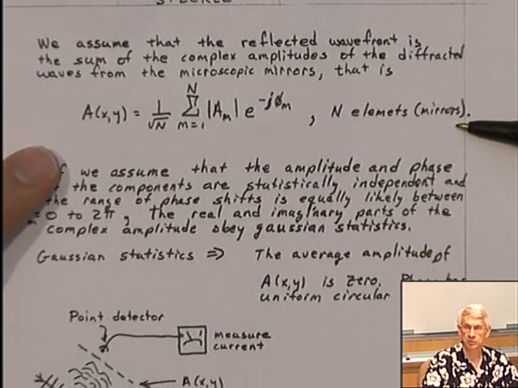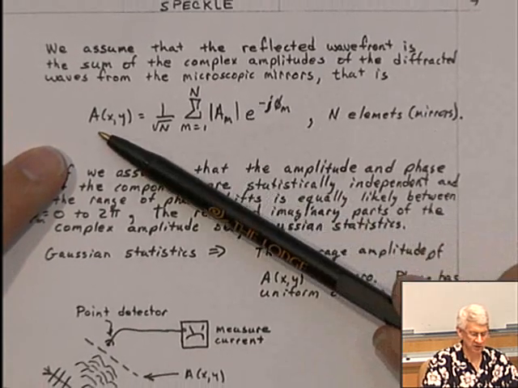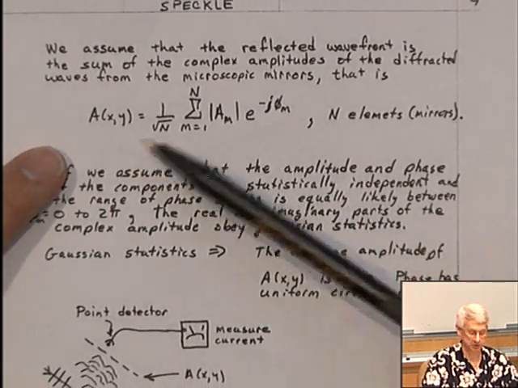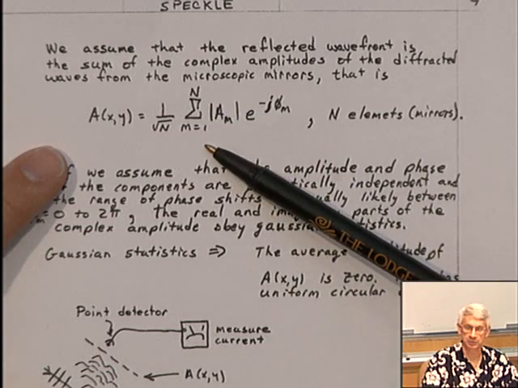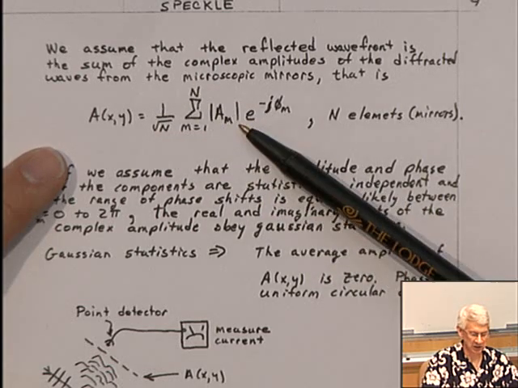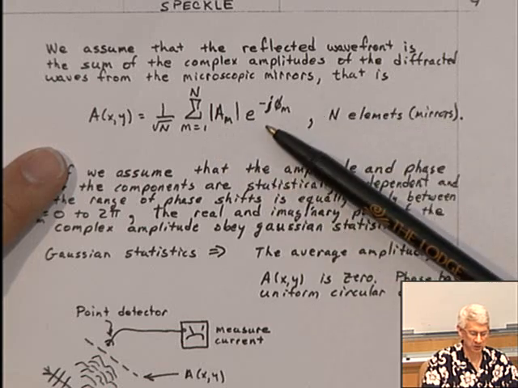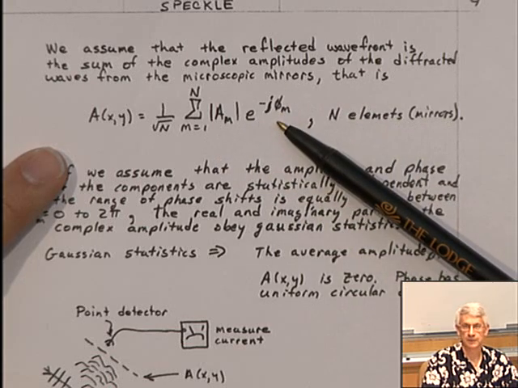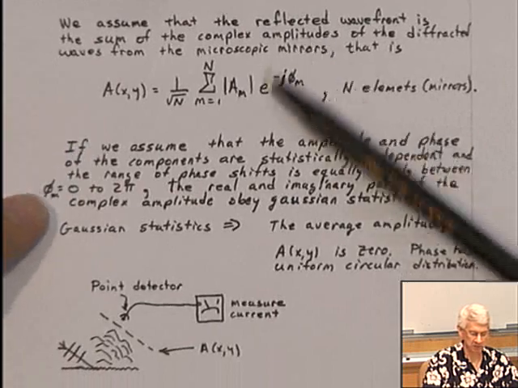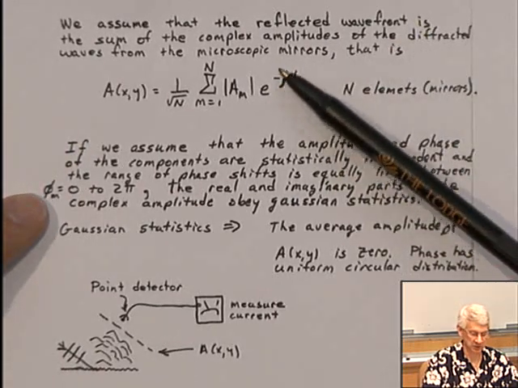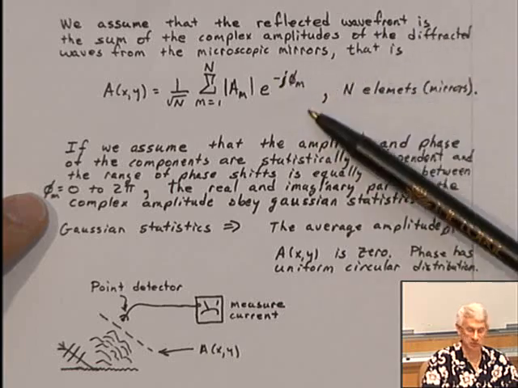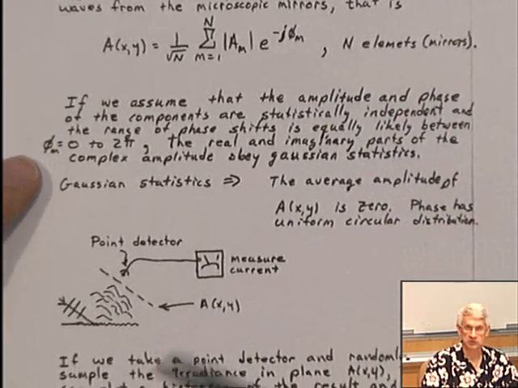And if we write that into an equation form, we have that the reflected amplitude is 1 over root N, where N is the number of beamlets, times the magnitude of each individual beamlet times its phase factor. Okay? And here I've used a slightly different convention for the phase than we've used in the past. We used plus, minus is just as good for this development.